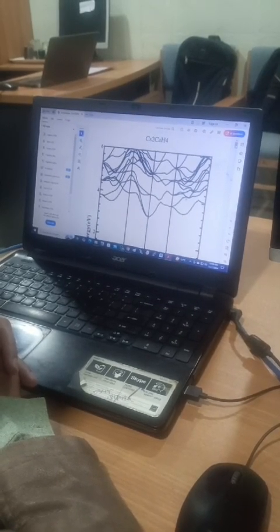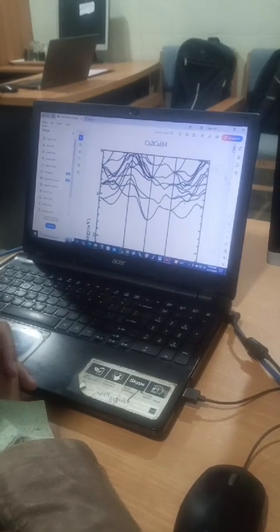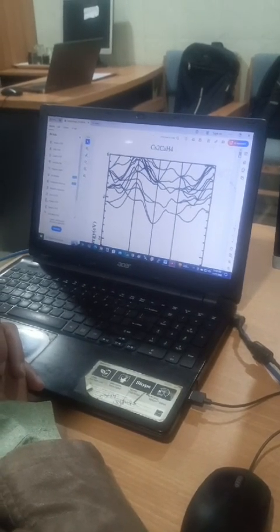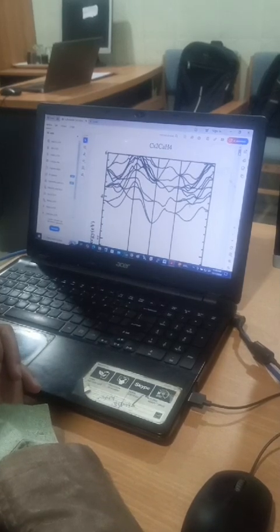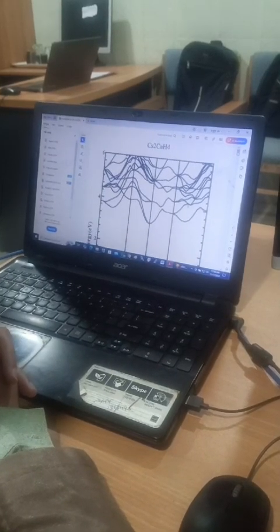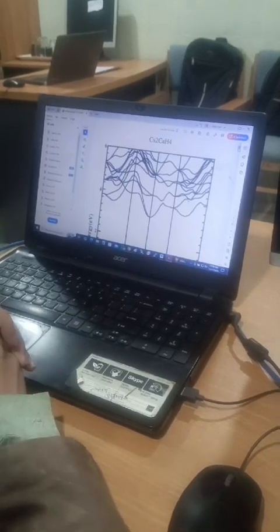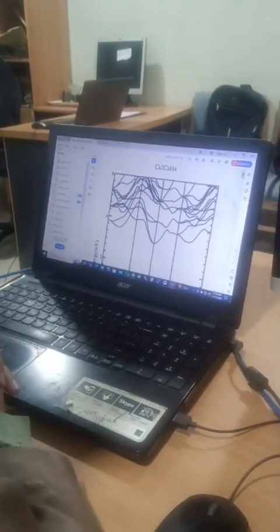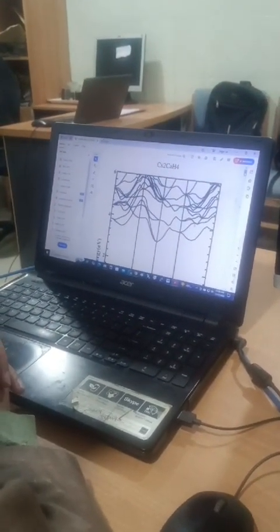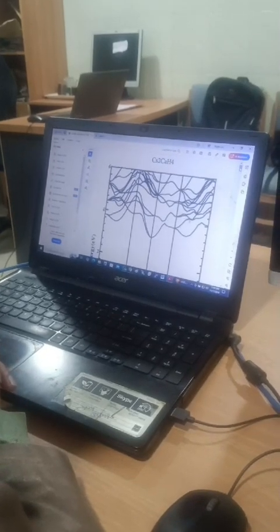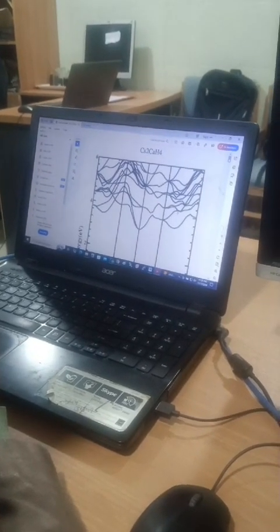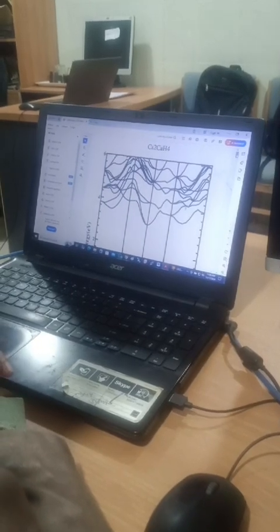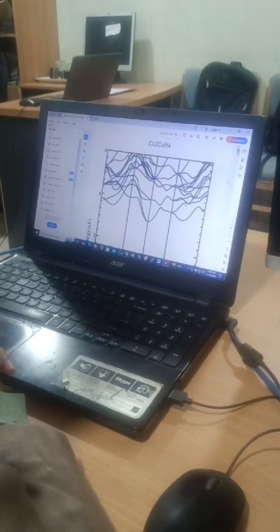The Schrödinger wave equation is used to find the electronic and optical properties of a material. But when we discuss complex materials, we go to complex compounds, and we cannot solve the Schrödinger wave equation for them. So for the solution of complex compounds, we take aid from density functional theory.